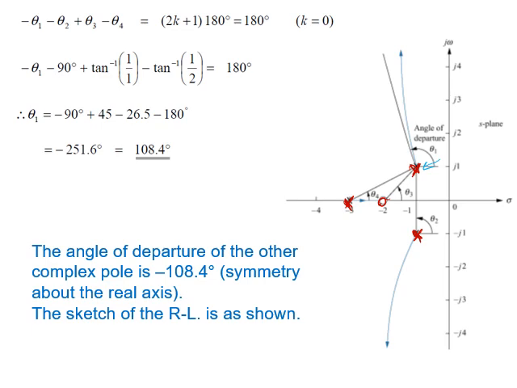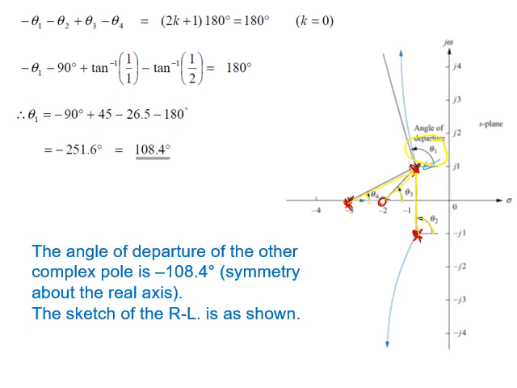Now, to evaluate this angle of departure, we need to connect a line between all the poles and zeros toward this pole. That's going to result in three angles: theta 2, theta 3, and theta 4. We are going to find the values of these angles, and put them in the equation mentioned earlier to calculate theta 1, which is the angle of departure.